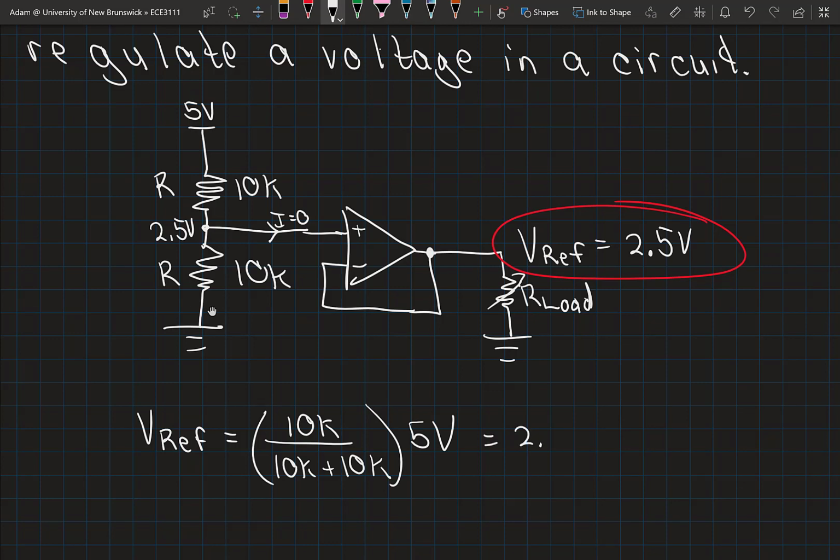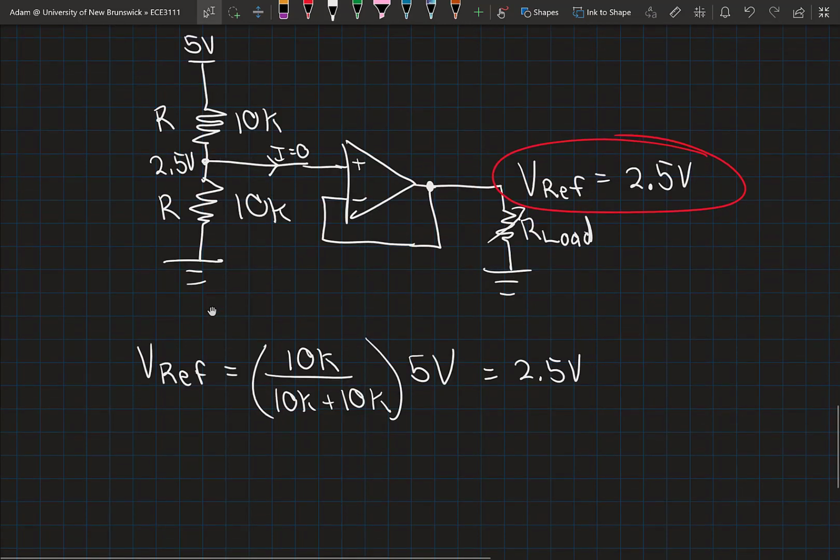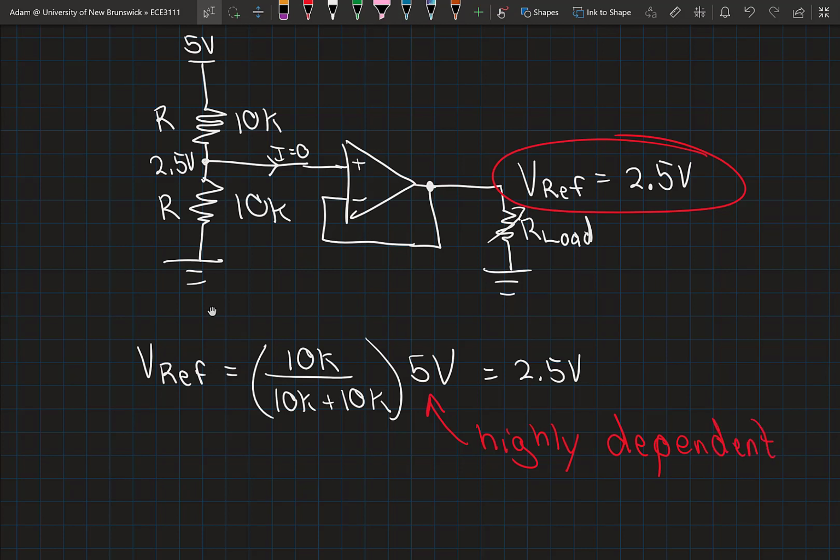And this gives me 2.5 volts. But note that this is highly dependent on my supply voltage. So what if my supply voltage isn't stable? Right? Which is often the case.